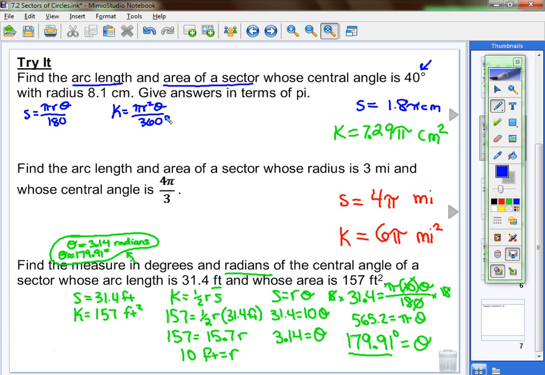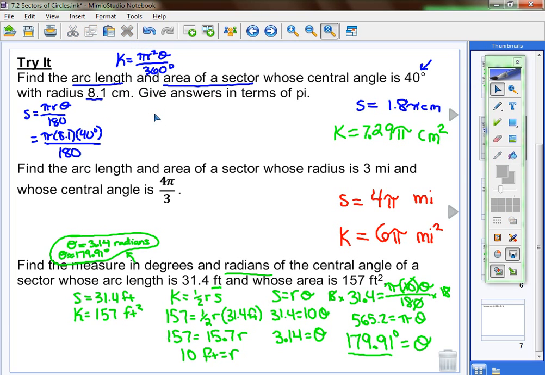We know that the radius is 8.1, so it's pi times 8.1 times theta, which is 40 degrees, all over 180. I'm going to move this up here for right now. And we can simplify this, divide out 20, and we end up with 2 and 9 down here.